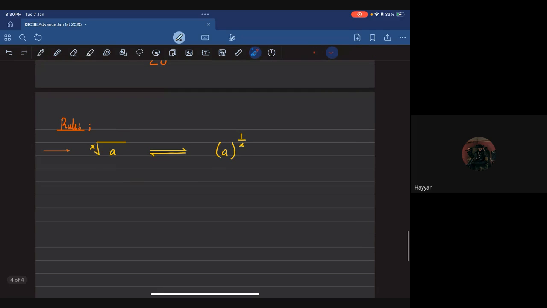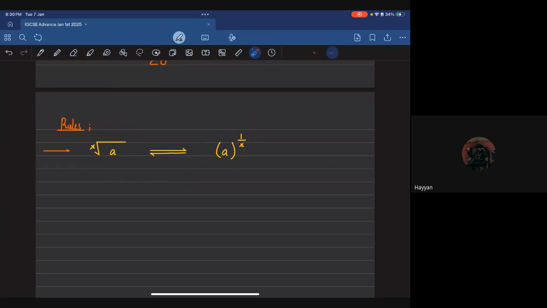Whatever the power of your root acting on the base, when writing in index form you take this power of the root as the denominator of the fractional power.